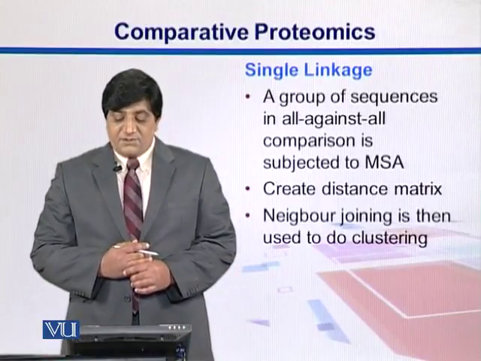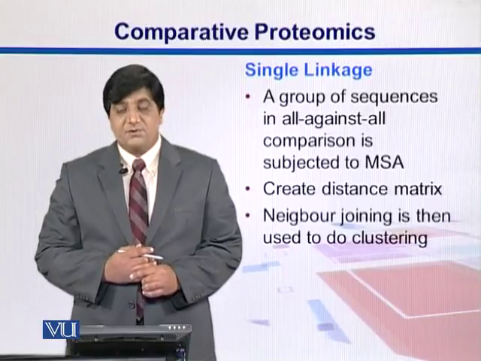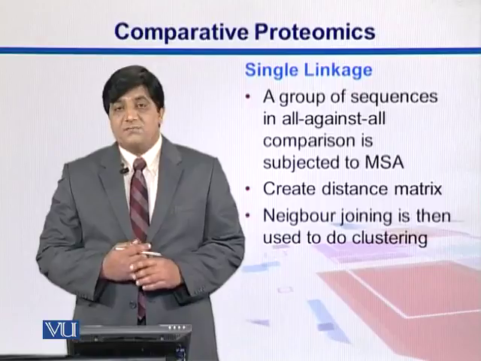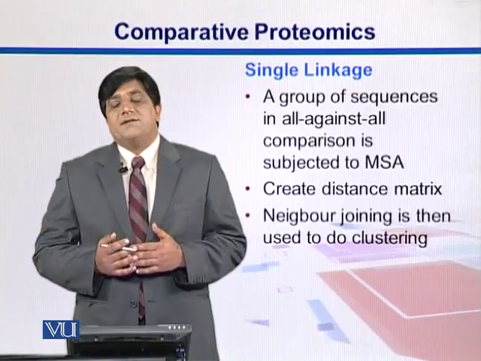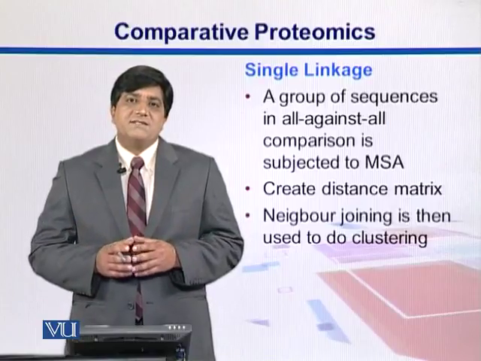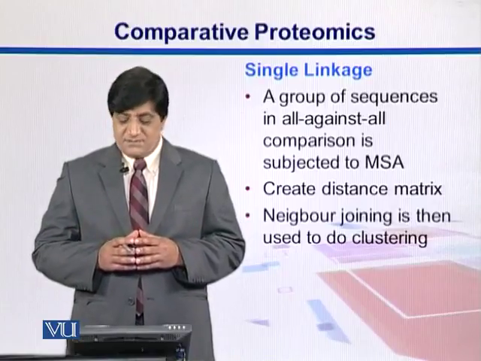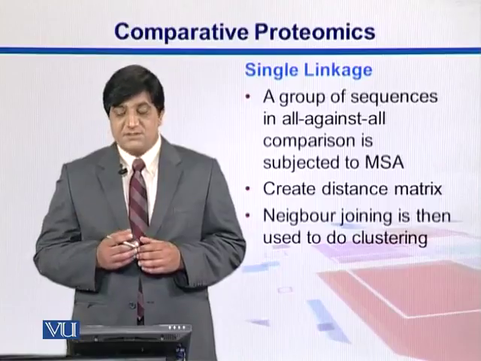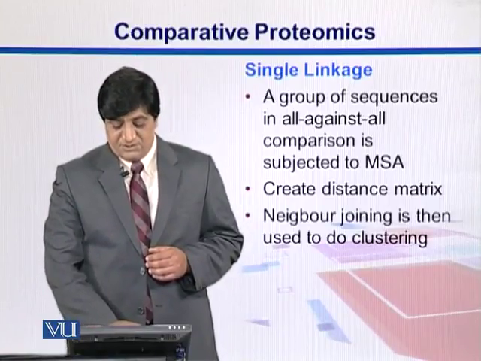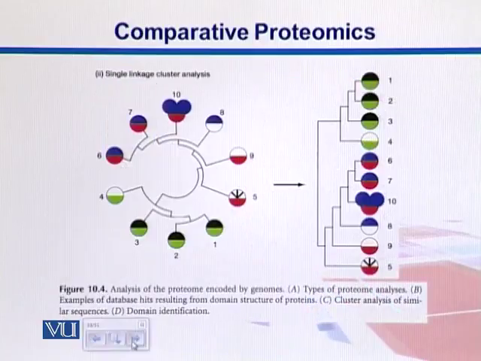Linkage is done in which we group those proteins which are correlated with multiple sequence alignment. We align them and then we calculate their distances, and using those distances we create the distance matrices, and from those distance matrices we make their trees. The method we use is the neighbor joining method. We'll talk about that later.